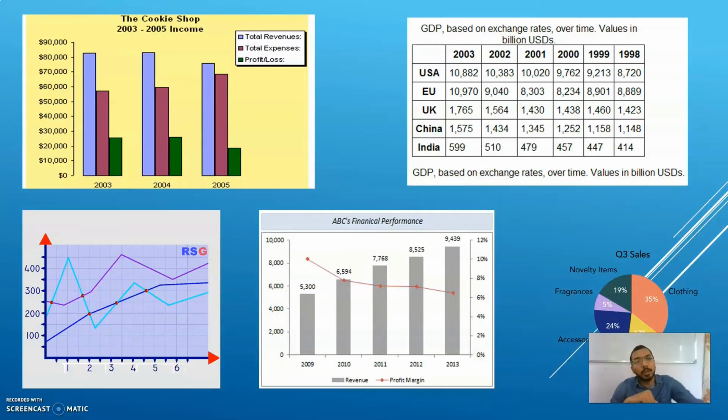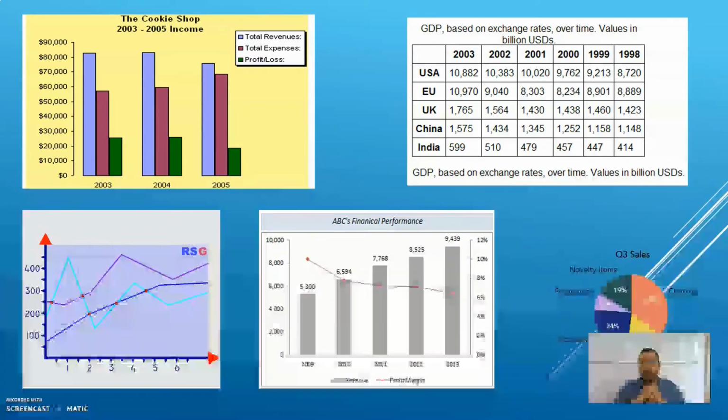My explanation in the second para will cover everything that is mentioned in the data, and then in the last para I will write: so we can conclude that the cookie shop is not doing that well because from 2003 to 2004 there is no growth, but from 2003-4 to 2005 the profit margin has decreased and the shop needs some measures to rectify these things and to get the business into a particular momentum or speed.